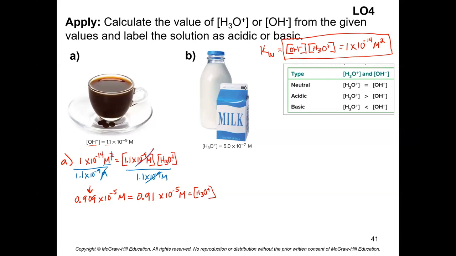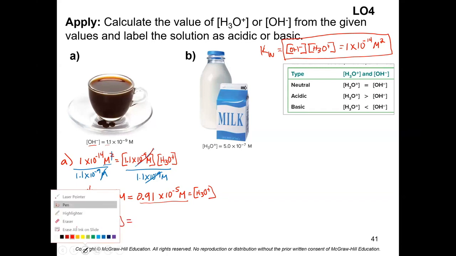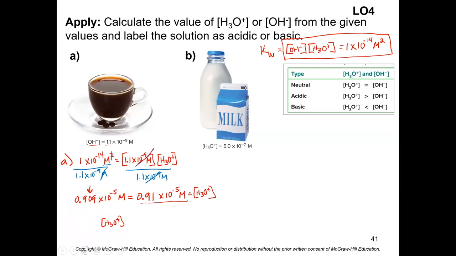So what does this tell me? Well, I can see that my H3O plus concentration, which is 0.91 times 10 to the negative 5, is actually greater than the concentration of OH minuses. This actually should be turned into proper scientific notation, which is 9.1 times 10 to the negative 6 molarity.